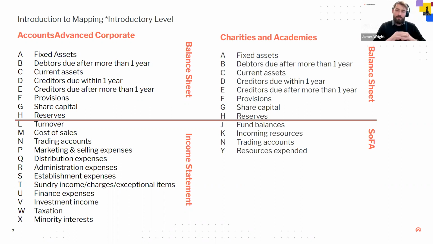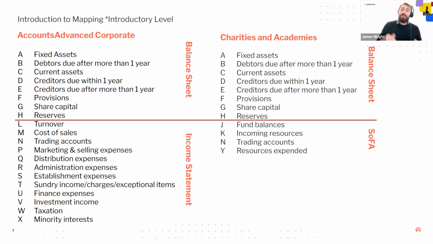I've also drawn a line in the middle of the screen there. This is to represent that even between the accounts advanced corporate template and the charities and academies template, the first few codes A to H are all the same. So you don't have to worry about relearning them between the templates. The only change is from the J and L codes respectively downwards.